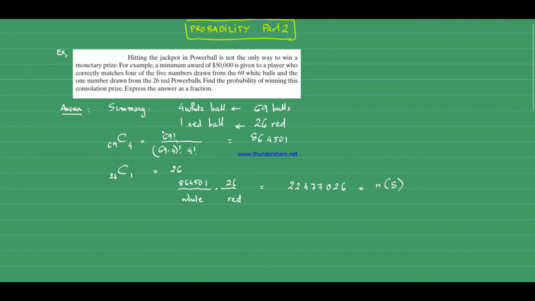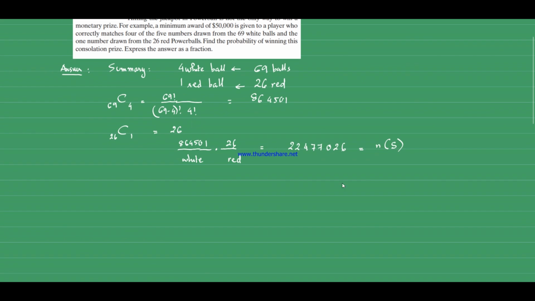Okay, divide by 24. Alright, so it looks good now. This is the sample space. Now we want to pick only one collection of balls, which is four white balls and 1 red ball, out of this.